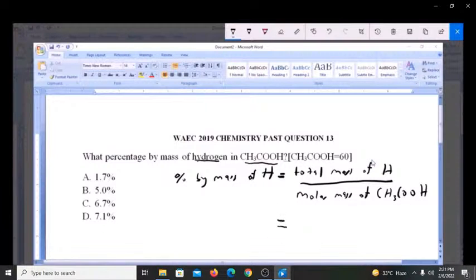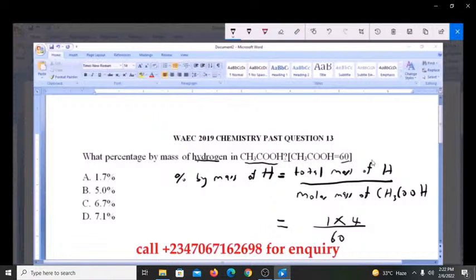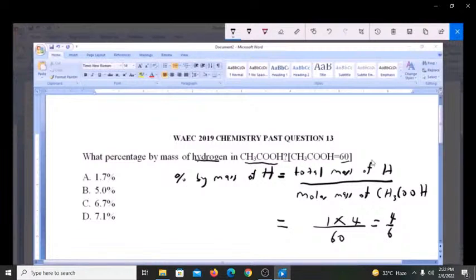Now, the atomic mass of hydrogen is 1, and you have 4 atoms of hydrogen in this compound. So you have 3 here and 1 here. So that is 1 multiplied by 4, divided by the molar mass of ethanoic acid, which is 60, which has been given to us here. So 4 over 60 is equal to 6.67.